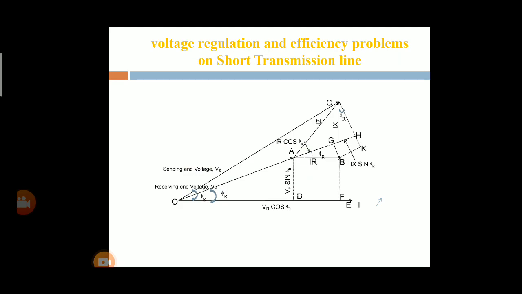Next, this is the phasor diagram for the short transmission line. I explained this in the previous class.